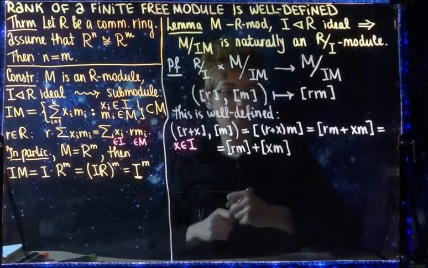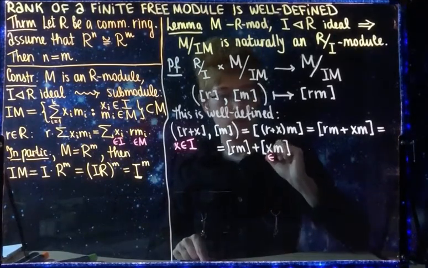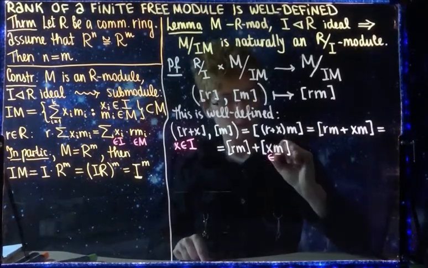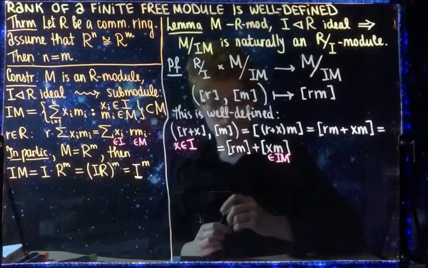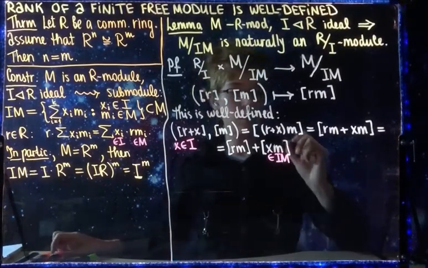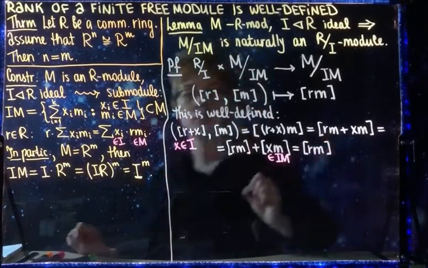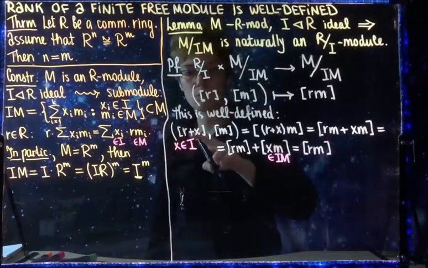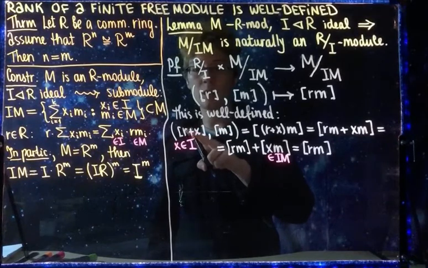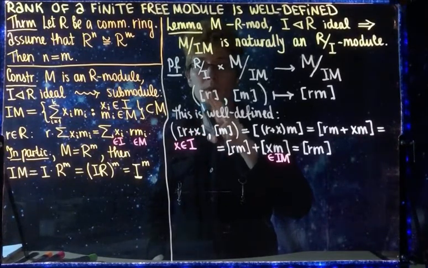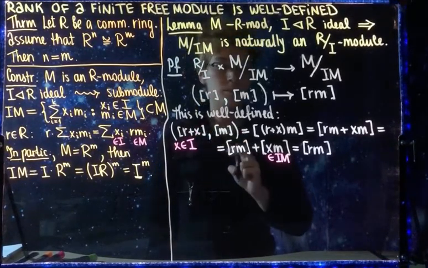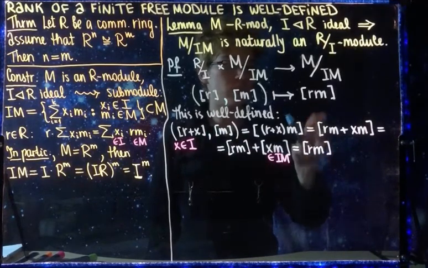But xm is an element of the submodule IM, so it represents the zero equivalence class, so I get that this is equal to rm. And so if I choose another representative from the equivalence class of r, I will still get the same result, rm.